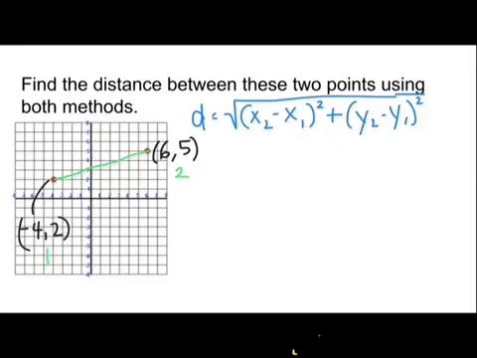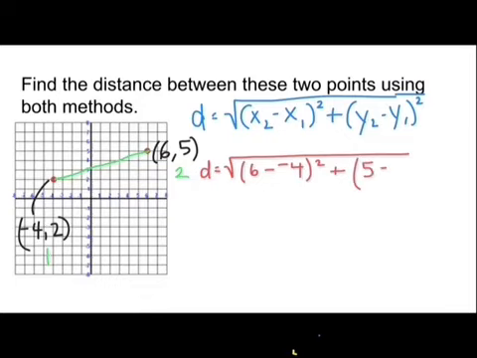So then I'm going to rewrite my numbers in to figure out the distance. My x sub 2 is 6 minus my x sub 1, which is -4. Be really careful if you have a negative in there that you don't ignore it. And then my y sub 2 is 5 minus my y sub 1, which is 2, and squared. Then I'm going to solve that.